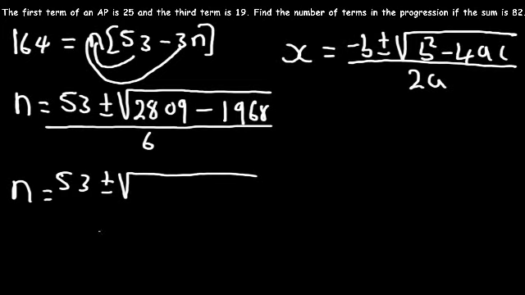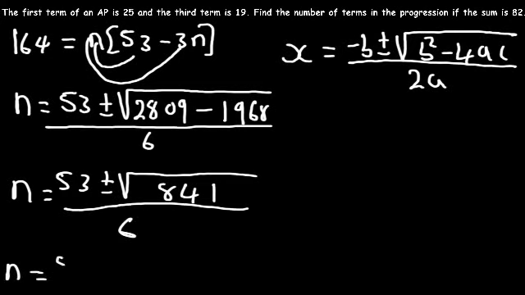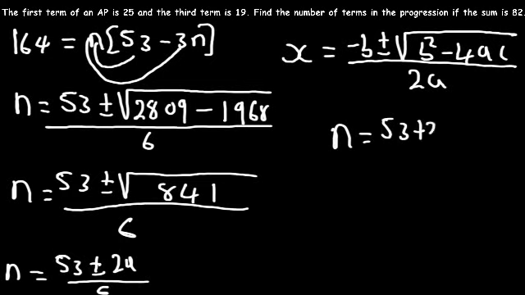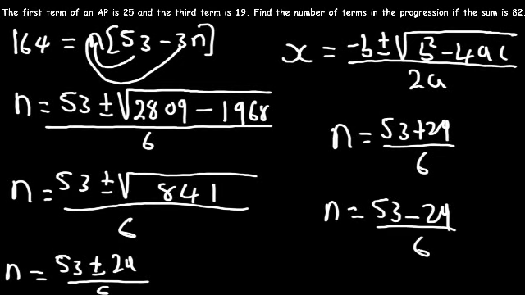That's 841, then everything over 6. And lastly, we should have 53 plus or minus the square root of 841, which is 29, then all divided by 6. Hopefully you can see that. So the value of n will be 53 plus 29 divided by 6, or 53 minus 29 divided by 6.